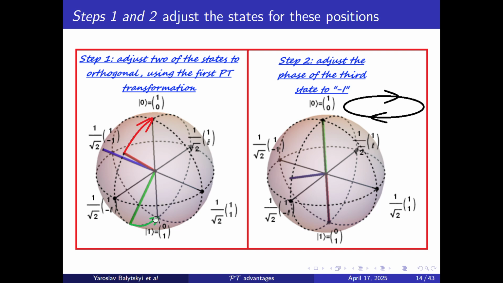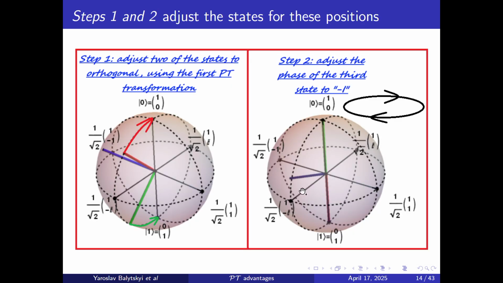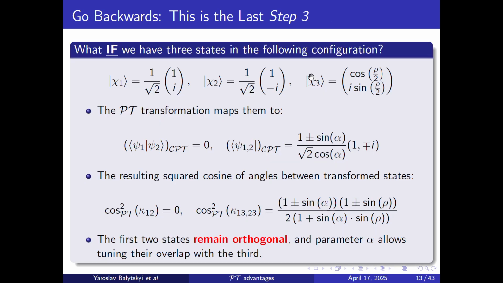And after they are on the north and south poles, you can rotate the third state to such a position that it gets this phase i that you actually need. So essentially, that's all. First you take the first two states and adjust them here. After that you rotate them, and as a result you get this, and then you apply the second PT-symmetric transformation. So that's the whole scheme.